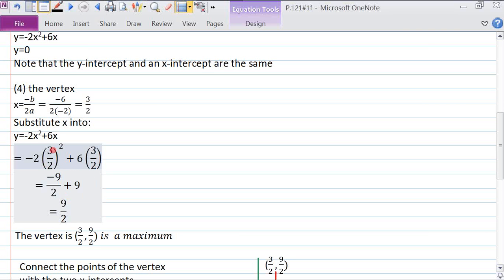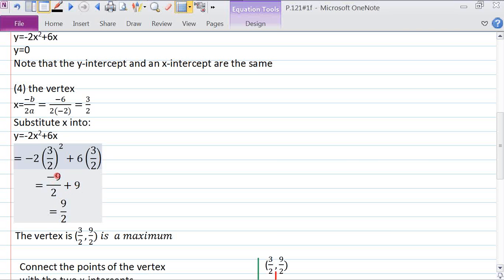So now 3 over 2 squared is 3 over 2 times 3 over 2, which is 9 over 4. And then when we multiply that by -2, we get -9 over 2 as the first term. 6 times 3 is 18. 18 over 2 is 9.